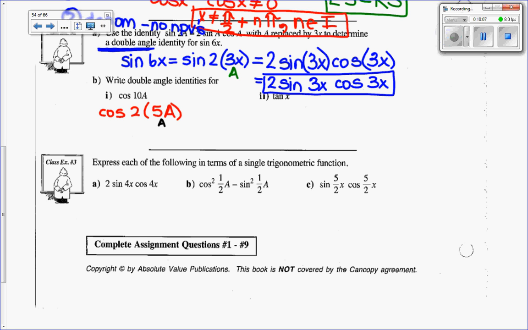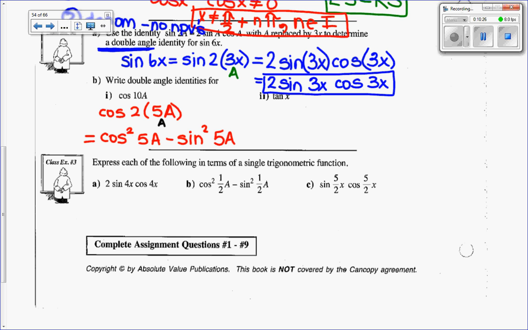I'm just going to use the first one because I just have to write a double angle identity. So this would be the same thing as cos squared 5a minus sine squared 5a. That would be one double angle identity I could write for cos 10a.